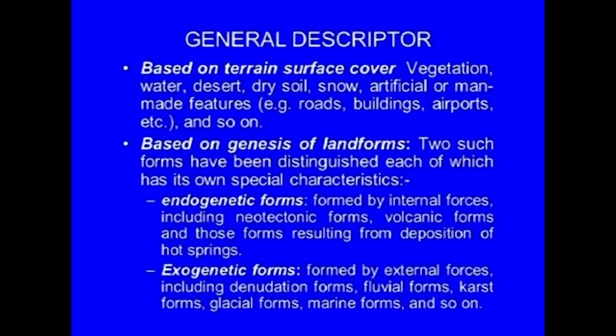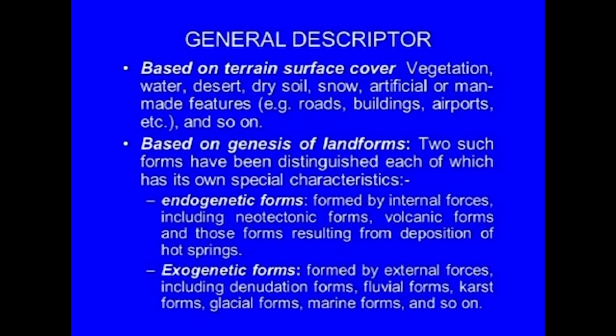So, let us look at what is a general descriptor. It can be based on terrain surface cover such as vegetation, water, desert, dry snow, artificial or man-made features, for example, roads, buildings, airports, and so on.